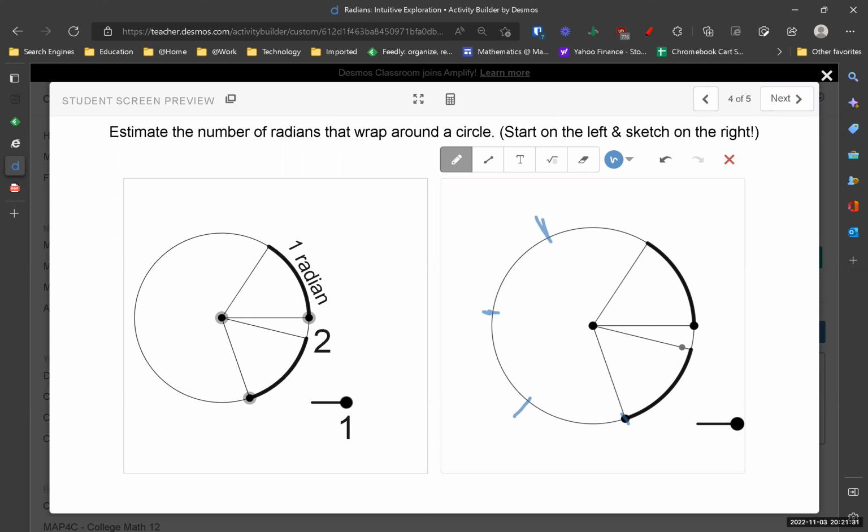We've got 1, 2, 3, 4, 5, 6, plus a little bit more. That gives you a sense of how many radians are in a circle. And it doesn't matter what the radius of the circle is; it's always going to end up being the same number of radians going all the way around the circle.